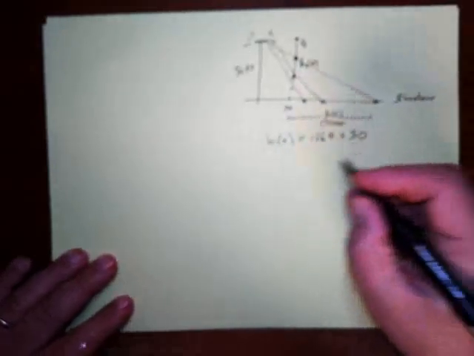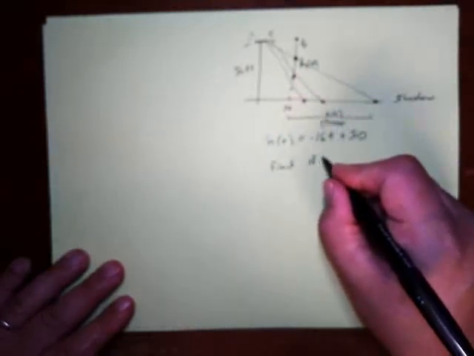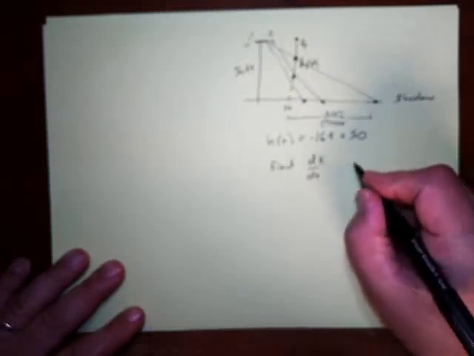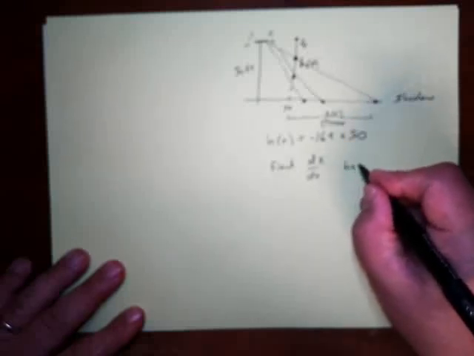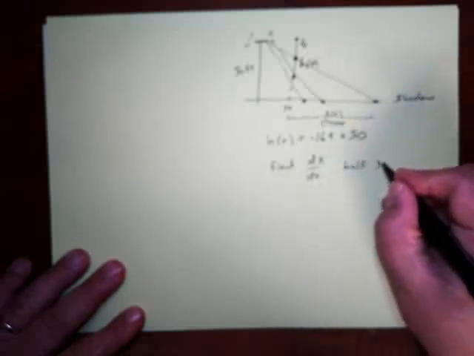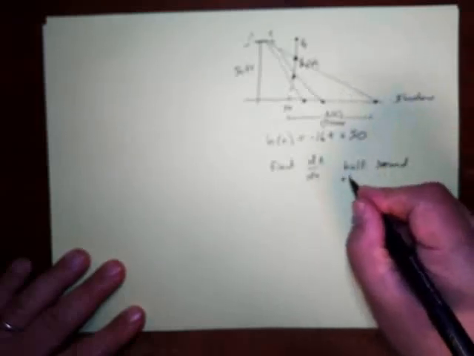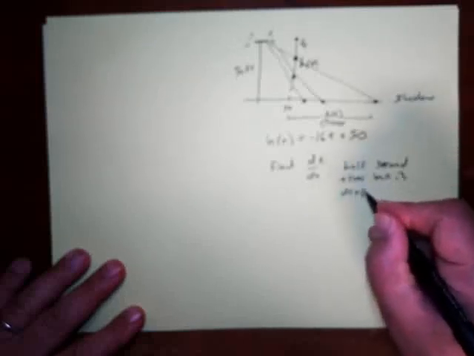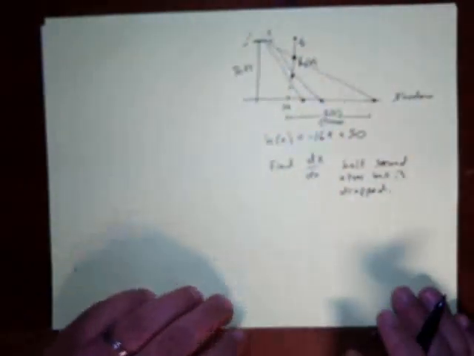And it wants you to find dx/dt half a second after the ball is dropped. So a half second later, it wants to know how fast this shadow is moving in.